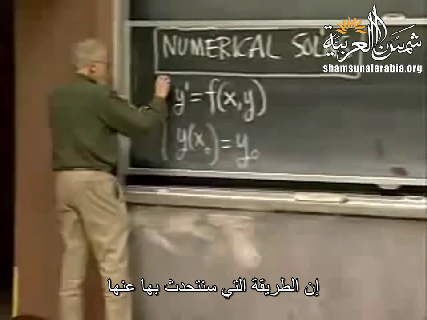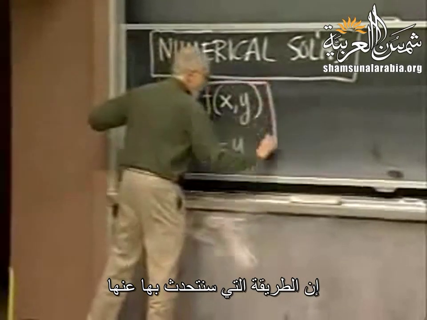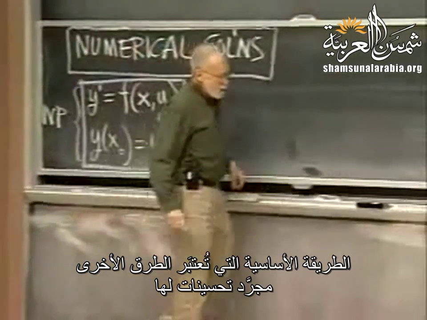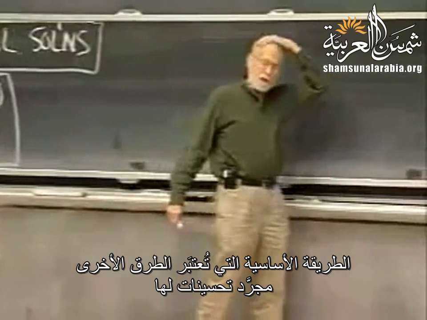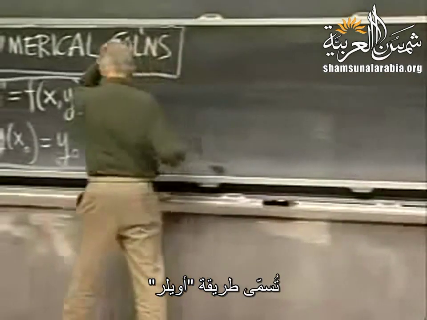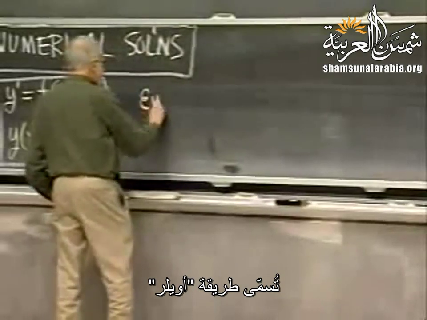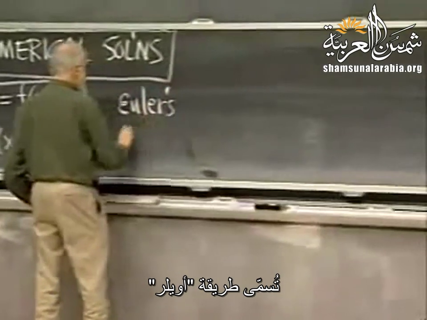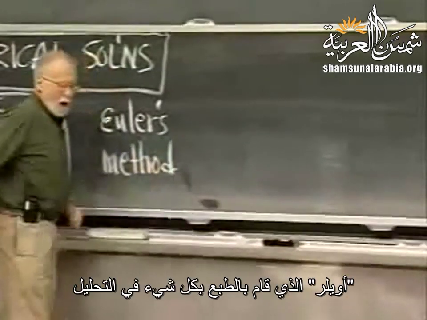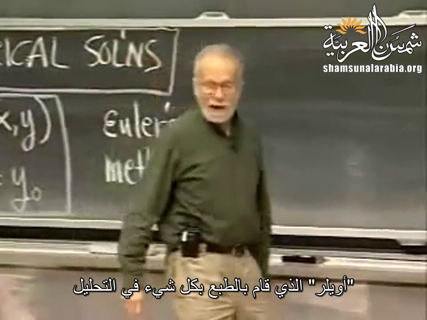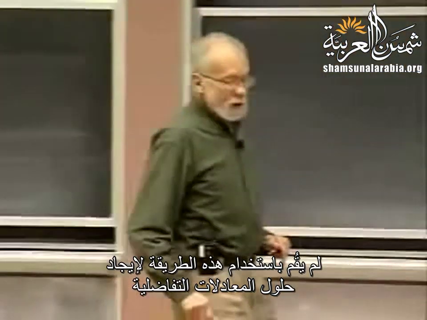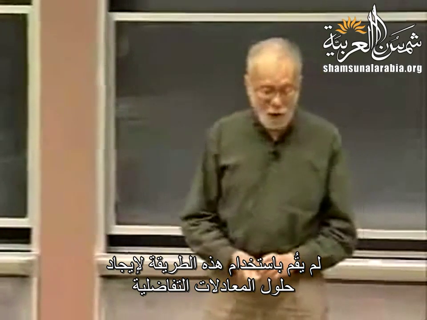Now, the method we're going to talk about, the basic method, of which many others are merely refinements in one way or another, is called Euler's method. Euler, who did, of course, everything in analysis, didn't, as far as I know, actually use it to compute solutions of differential equations.